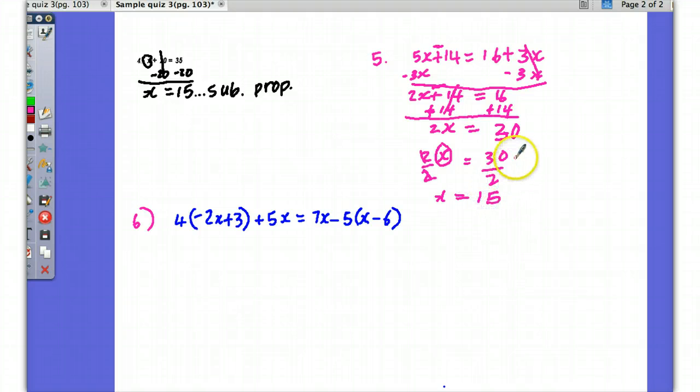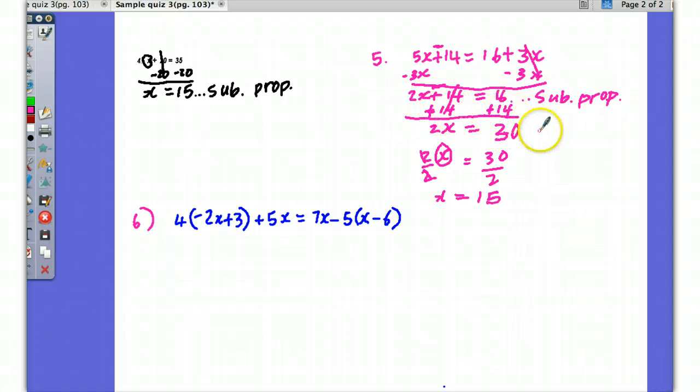Let's go backtracking now to find out what we've done. To get from here to this point, I had to subtract, so that would be the subtraction property. Next, to get from this point to this point, what did I do?